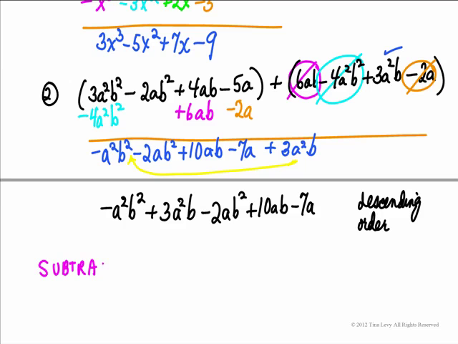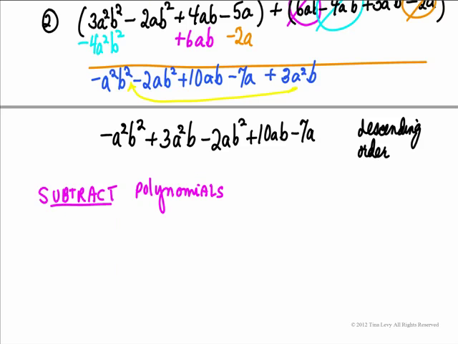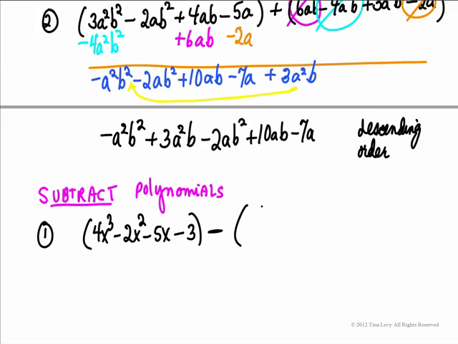Now we're ready to do subtraction. So we're going to subtract polynomials. First one we're going to do, suppose I tell you, you have the polynomial 4x cubed minus 2x squared minus 5x minus 3, and you're going to subtract x cubed minus 4x squared plus 6x plus 1.